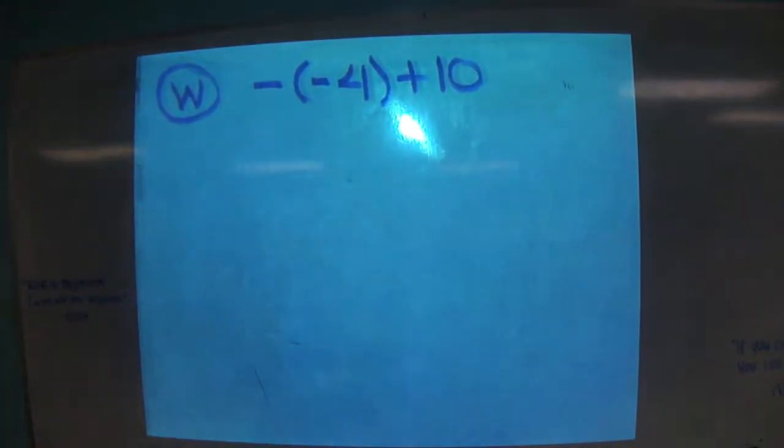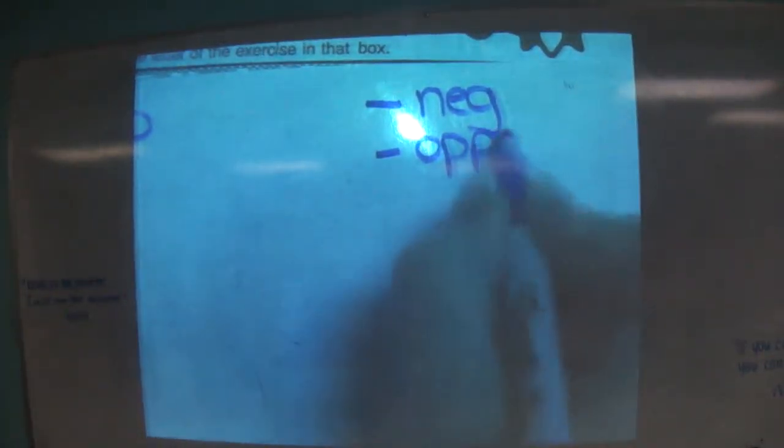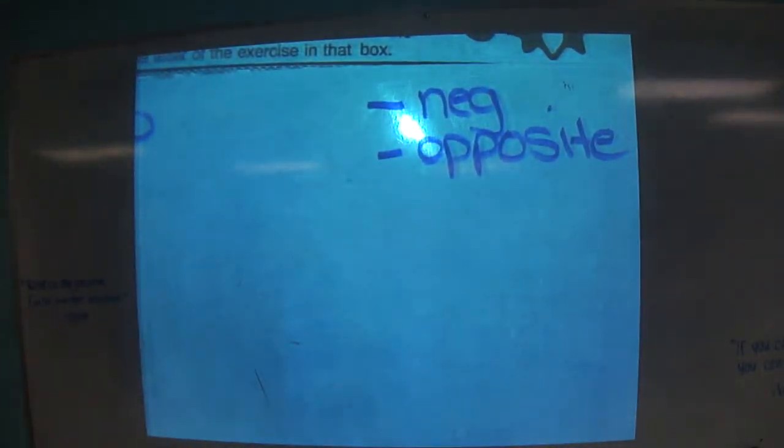When you say negative 4, it's very confusing, is it not? There are two ways to talk about these. This is negative. It also has another name, which is opposite. And they can be used interchangeably.